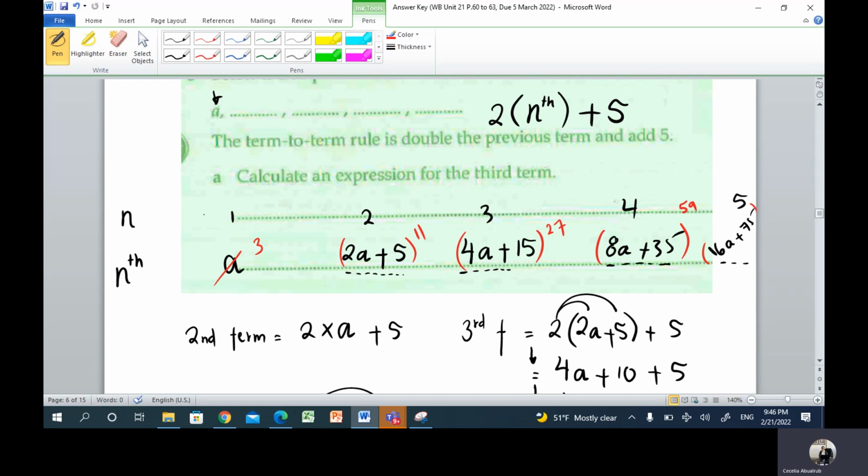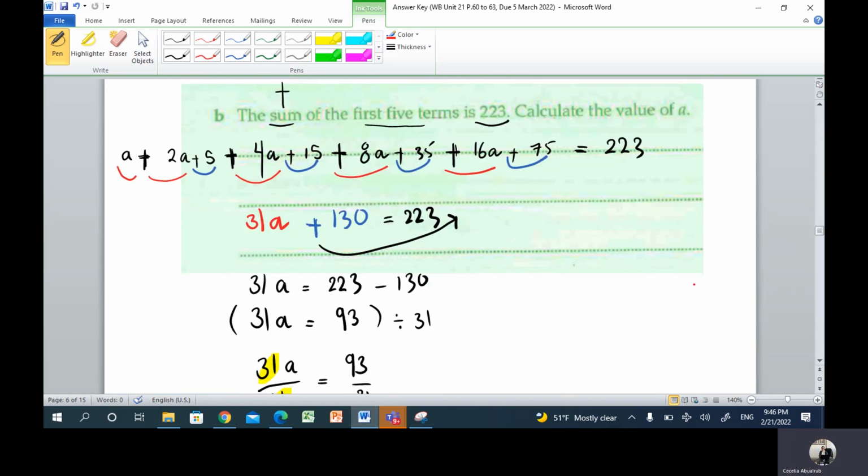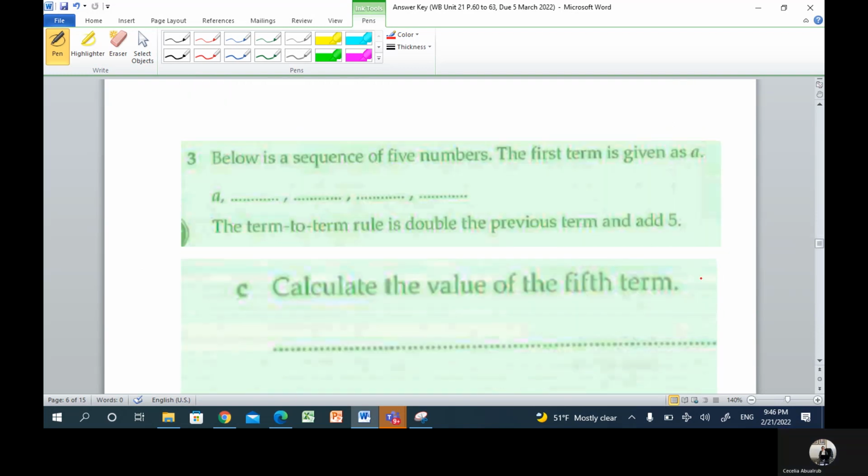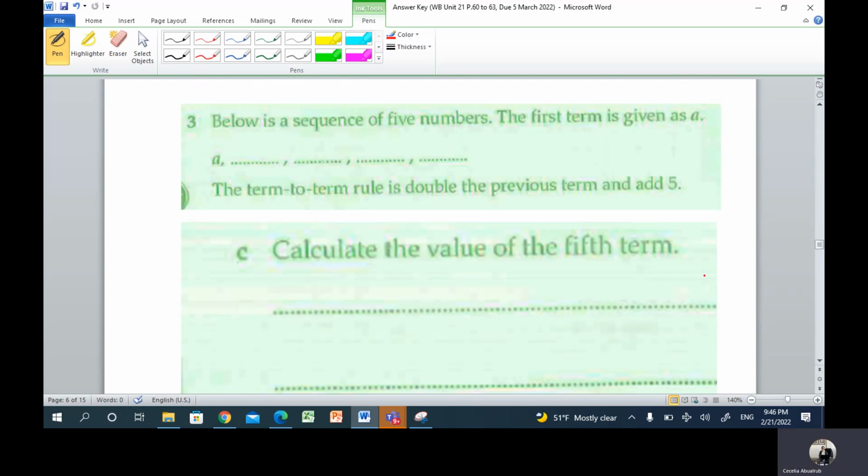And if a is equal to 3, then 16 times 3 is 48, plus 75. So the fifth term will be 123. And that's what they're asking for here.